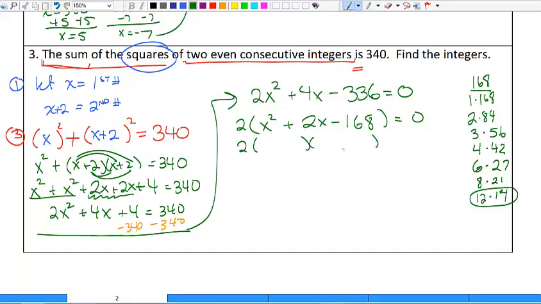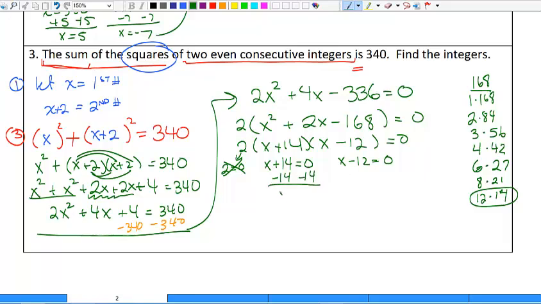So I have x plus 14 and x minus 12. I set each of the factors with an x in it. If it doesn't have an x in it, it doesn't really need to be set equal to 0. For example, this 2, I could set it equal to 0, but there is no such time that 2 equals 0 because it doesn't have a variable in it. I don't have to solve for it.